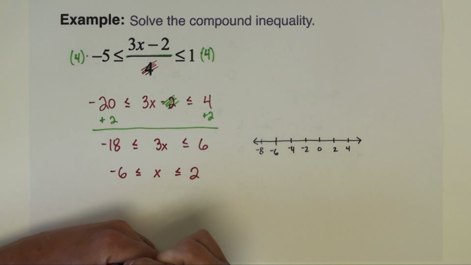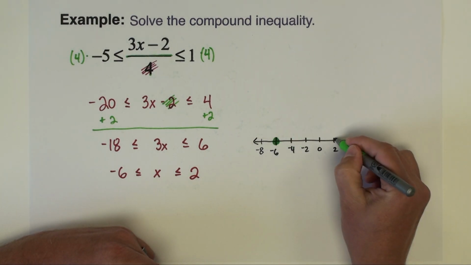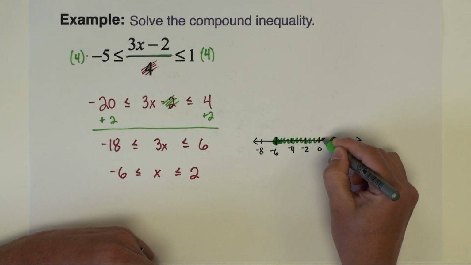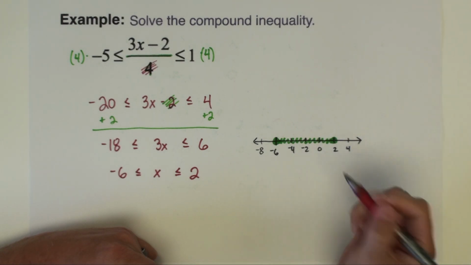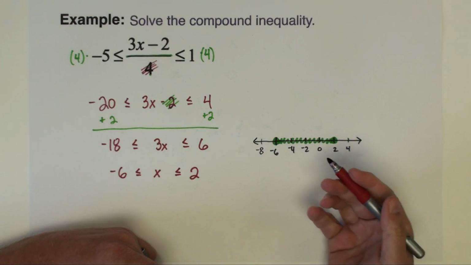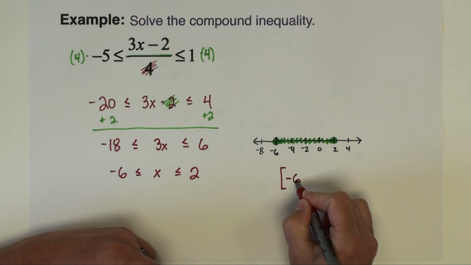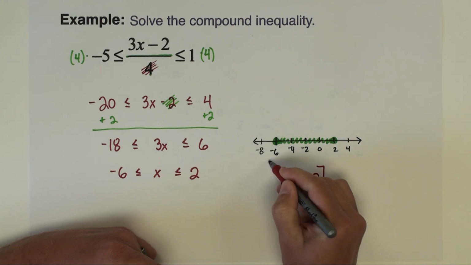And so negative 6 to 2 is going to be closed on both ends. And we want everything between those two numbers. The interval for this, since they are both included points, they're both equal to, is bracket negative 6, 2 with a bracket.